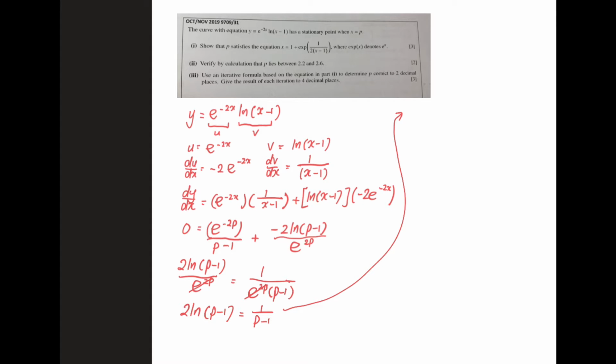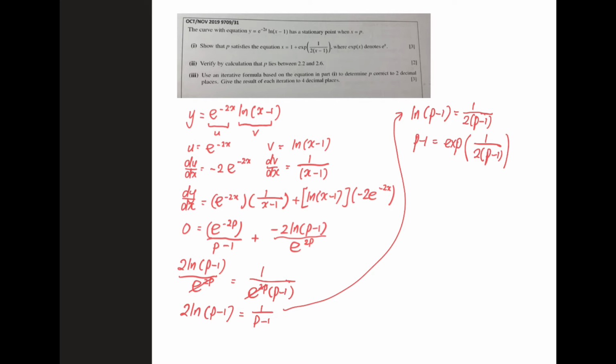I bring the 2 to the right, so I get ln (p minus 1) equal to 1 over 2(p minus 1). Okay, then after that, I bring the ln over. When you bring ln to the other side, it becomes exponent. So since the question is writing exp, I just follow exp to represent the exponent. Exp of 1 over 2(p minus 1).